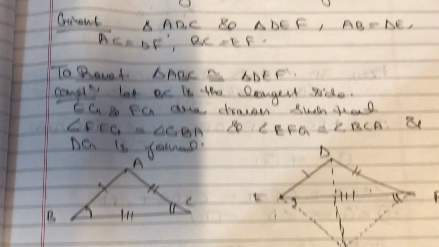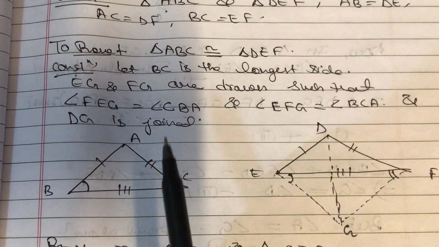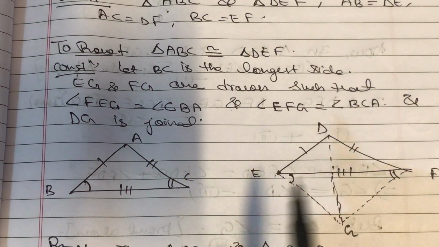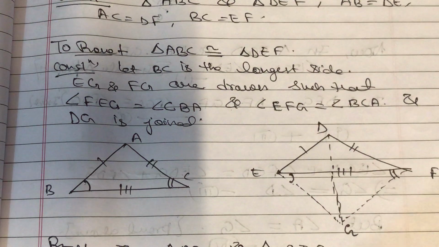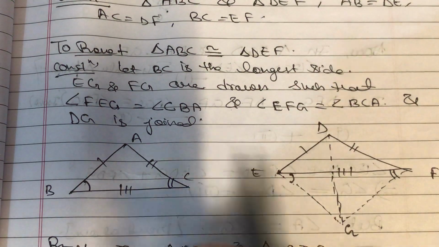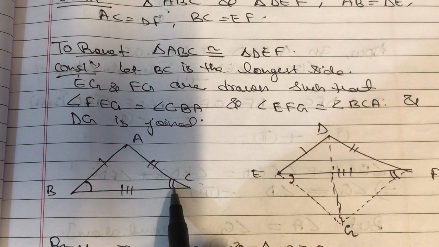Now these are the two triangles. The sides which are equal are marked in the figure. Now here I have to make one construction. Let us assume that BC is the longest side.